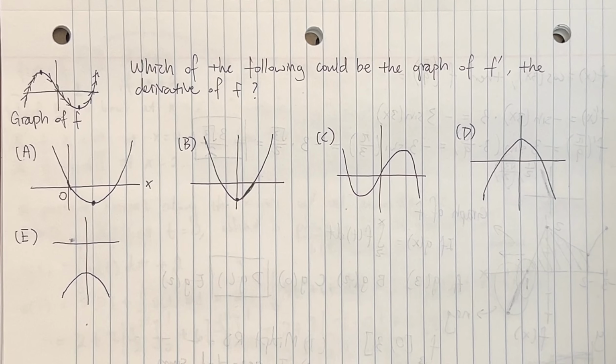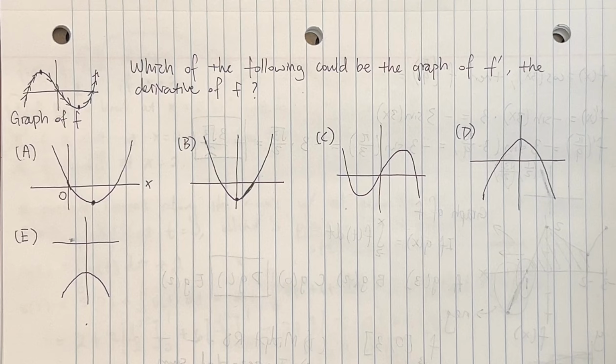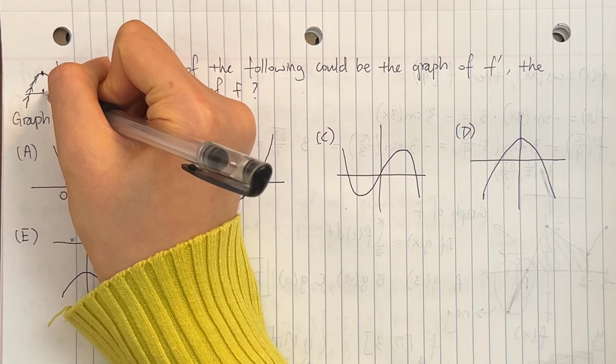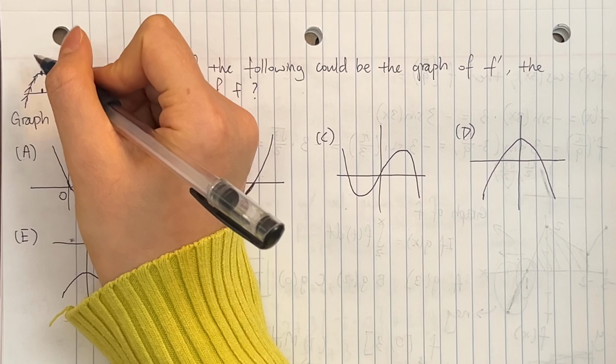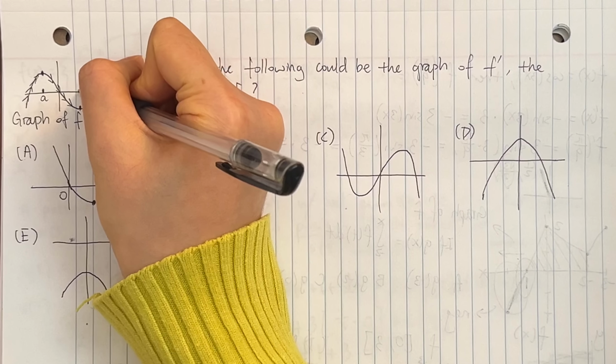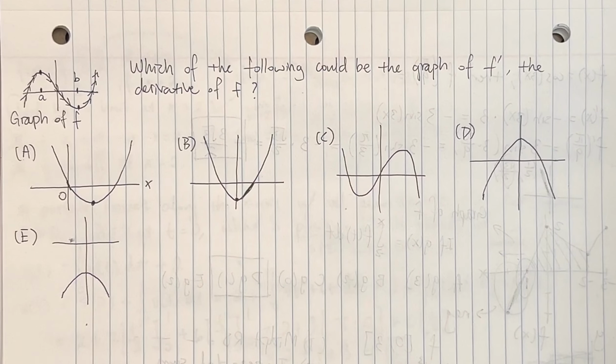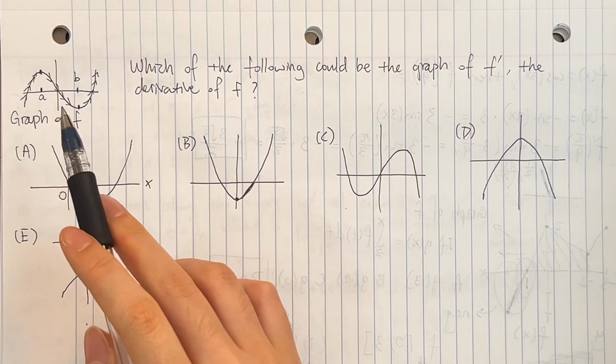We can see when the function changes from increasing to decreasing, or from decreasing to increasing. The function changes at two points, which we can call point A and point B. At point A, function f changes from increasing to decreasing, and at point B, function f changes from decreasing to increasing.